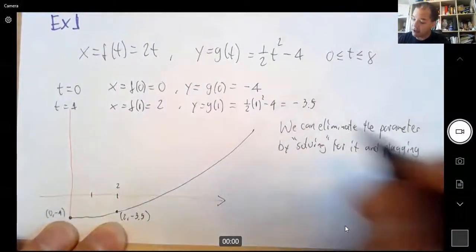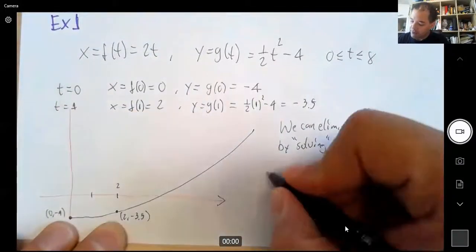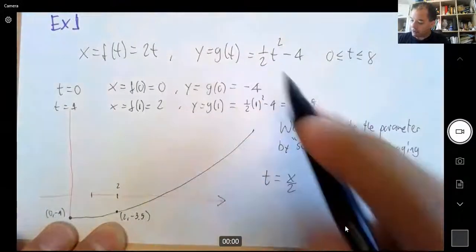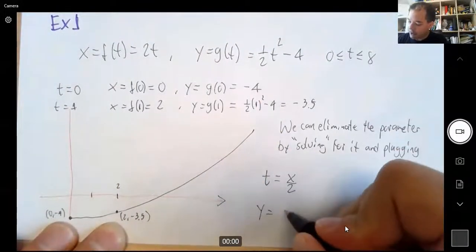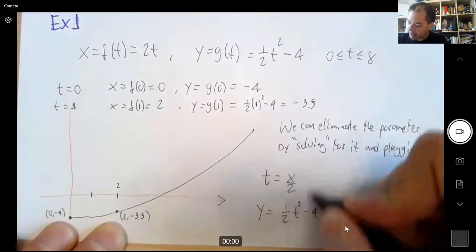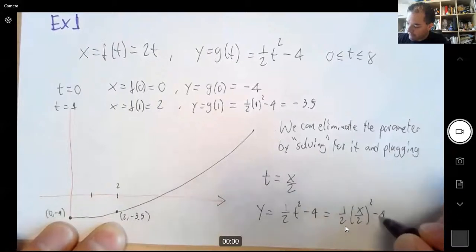In this case, it's not, because we can start with the x equation and solve for t. So t will be x over 2. And then plug into the other one. So then y will be 1/2 t squared minus 4. But t is x over 2, so we get x over 2 squared minus 4. And this is x squared over 8 minus 4.